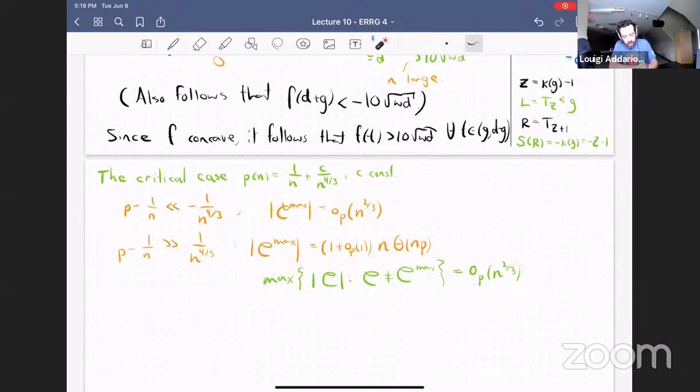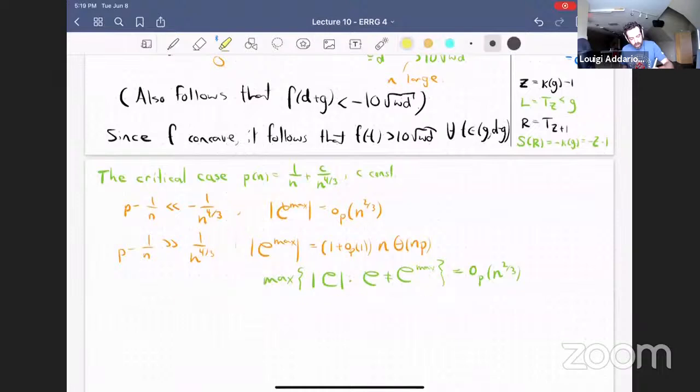Before time G, we couldn't explore any large components because G itself wasn't large, and after time D, what was left of the graph looked subcritical enough, so it effectively looked like the subcritical case, which made all the components small. And so now we're zooming in on the only case we don't fully understand, which is when p minus 1 over n is order n to the 4/3.